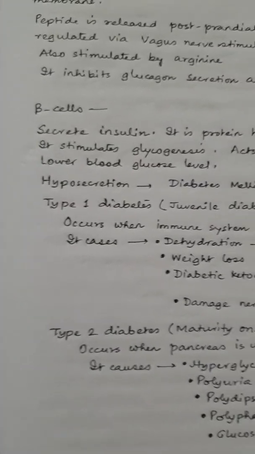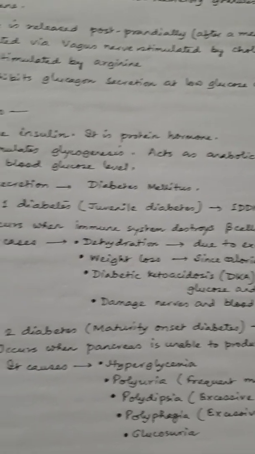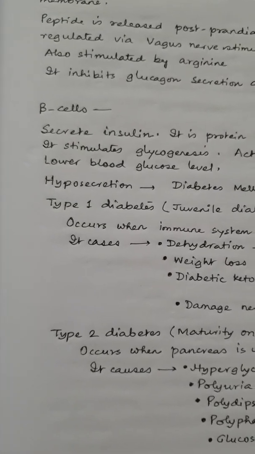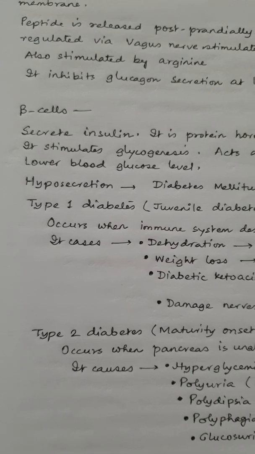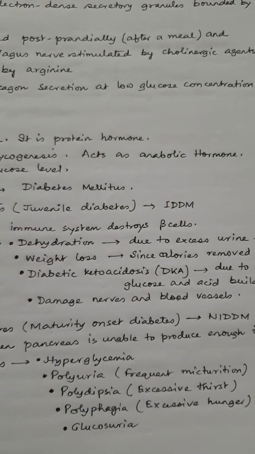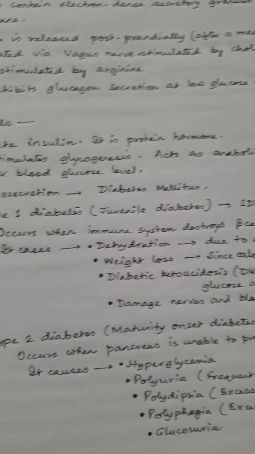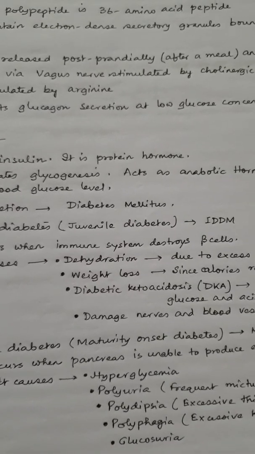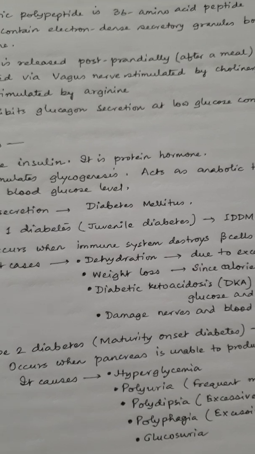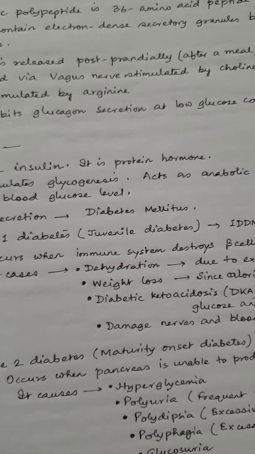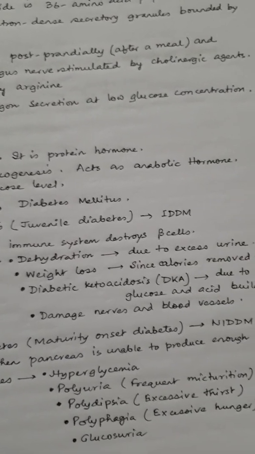Beta cells secrete insulin, which is a protein hormone. It stimulates glycogenesis. It acts as anabolic hormone and lower blood glucose level. Its hyposecretion causes diabetes mellitus. It is also known as type 1 diabetes.